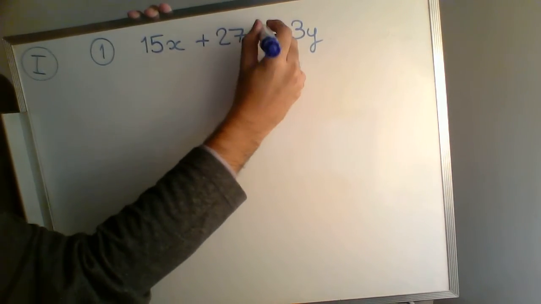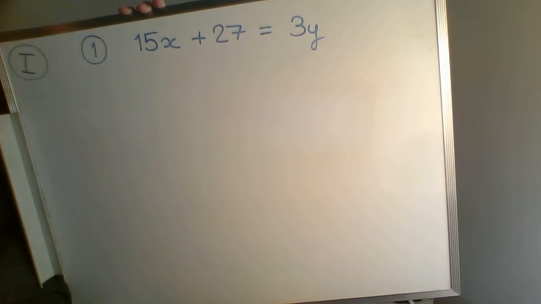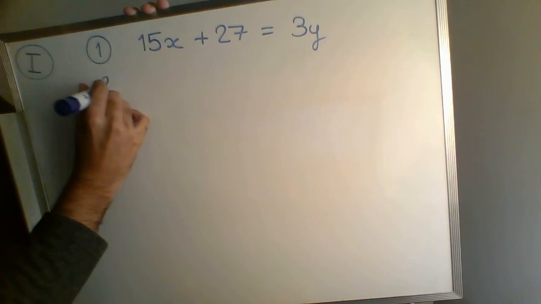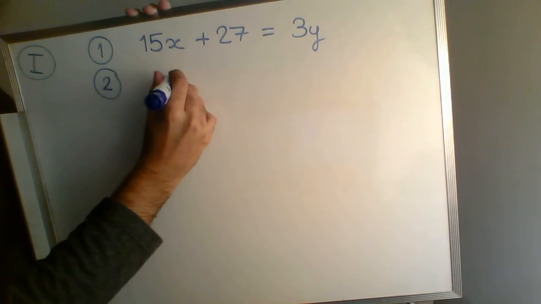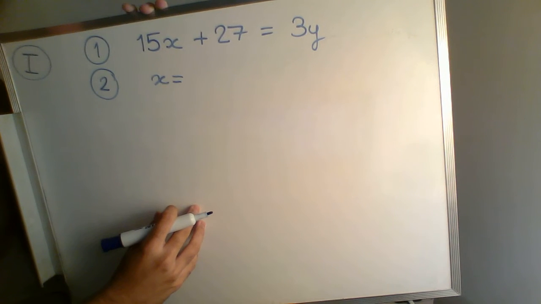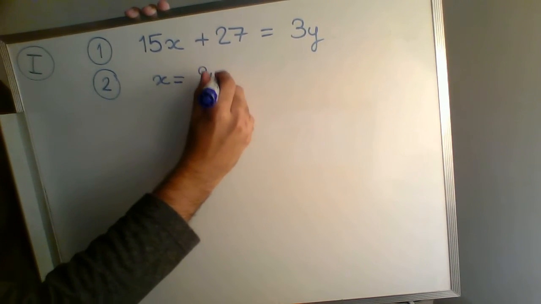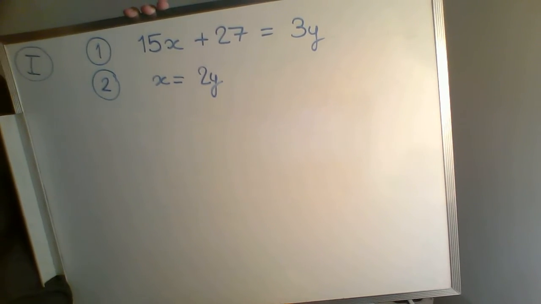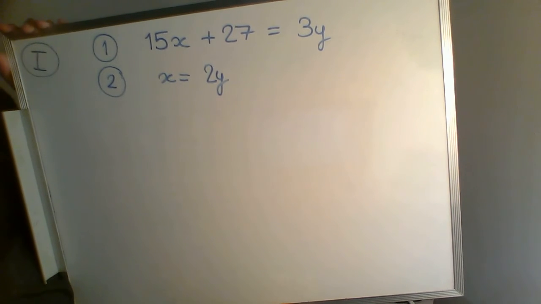Alright, 15x plus 27 equals 3y, and your second equation is x equals 2y. Alright, so those are our 2 equations for this problem.